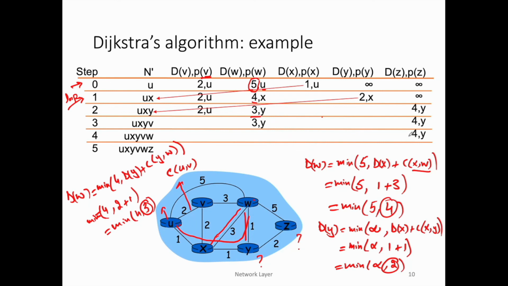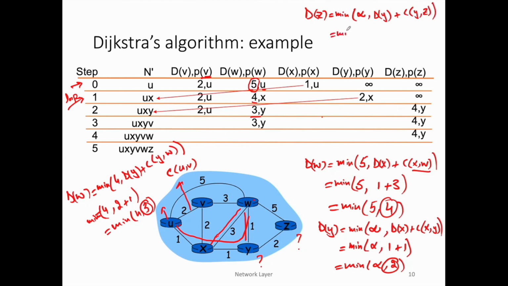And what about the cost here? The cost to reach z. Previously it was infinity, so again we can recalculate it. The cost to reach node z is either the minimum of the previous cost, which is what? Infinity, or the cost to reach the newly added node, which is y, plus the cost from the newly added node to the destination under consideration, which is z.